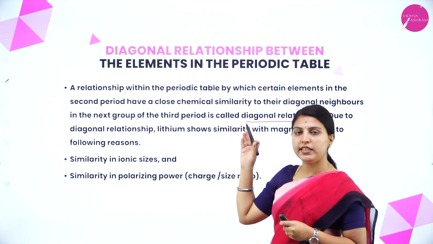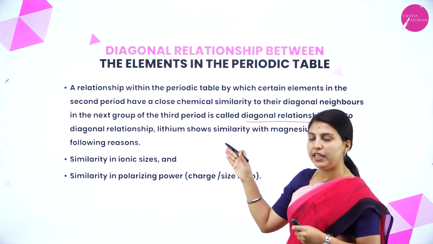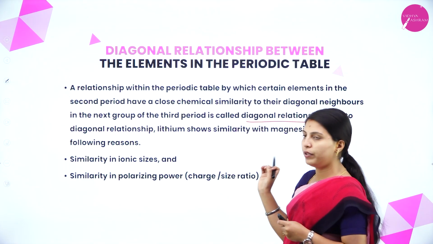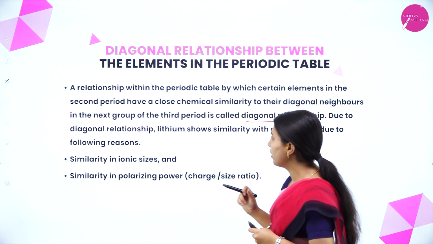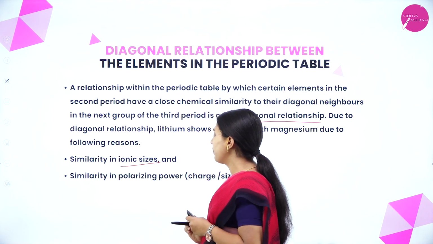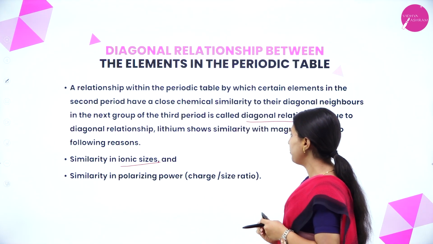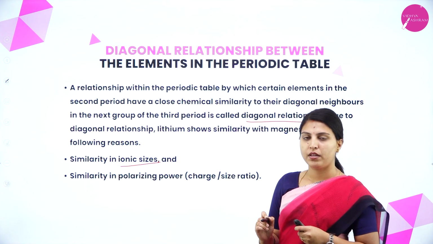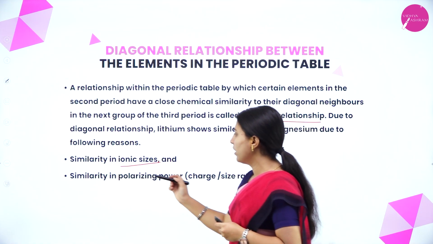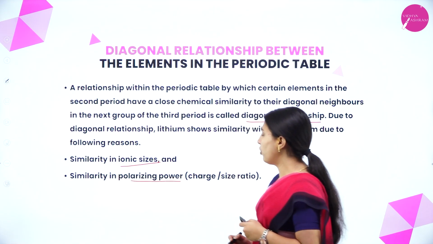Whichever element is present in the second period, it will be chemically similar to the diagonal element in the third period. The reasons are similarity in ionic sizes and similarity in polarizing power or charge. Ionic sizes are the same or similar, and polarizing power is also similar.